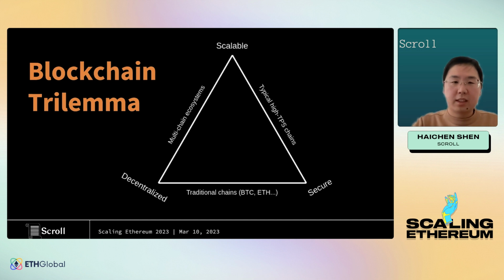Security means you can sustain an attack from a large proportion of the nodes in the network. And scalability just means that the blockchain can process more transactions than a single node. And we know that Ethereum and other traditional blockchains, for example Bitcoin, all prioritize decentralization and security, such that they both suffer from scalability issues.